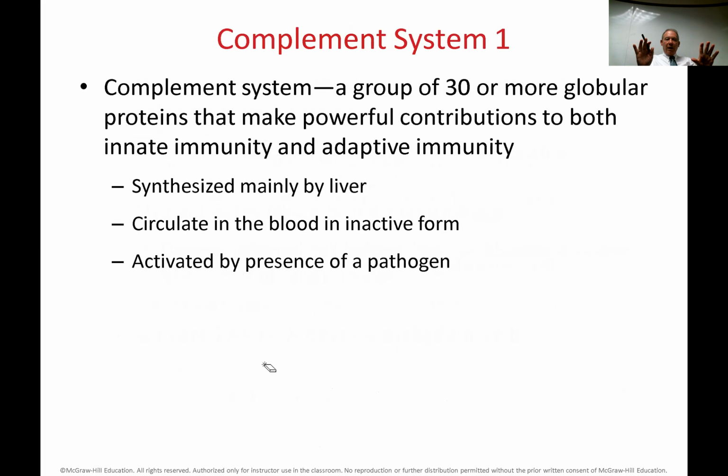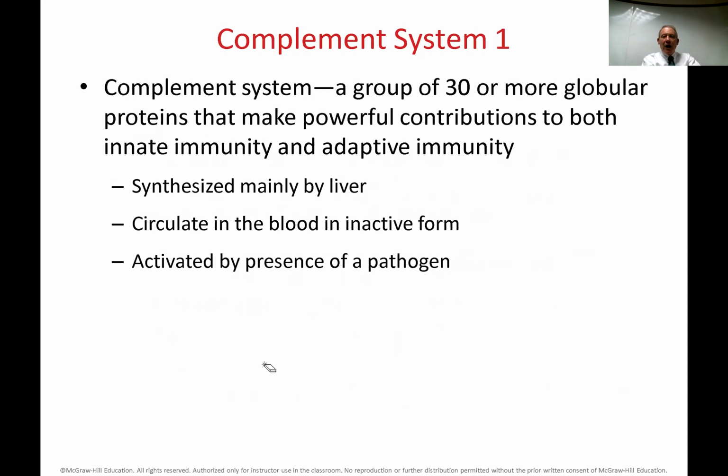So that's interferons. How about the complement system? These are proteins, many of them, that help contribute both to innate immunity, meaning what you're born with, and then adaptive immunity, what your immune system learns as your body goes throughout life.